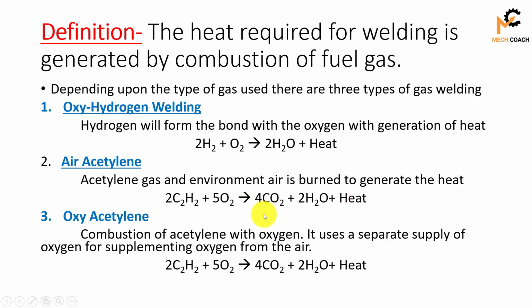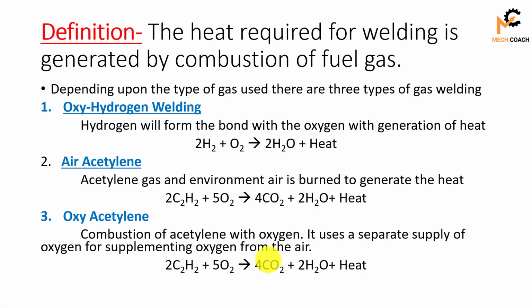And the third one is oxyacetylene. This is the same type as above, but it requires a separate supply from a separate oxygen cylinder, for supplementing the oxygen from air.